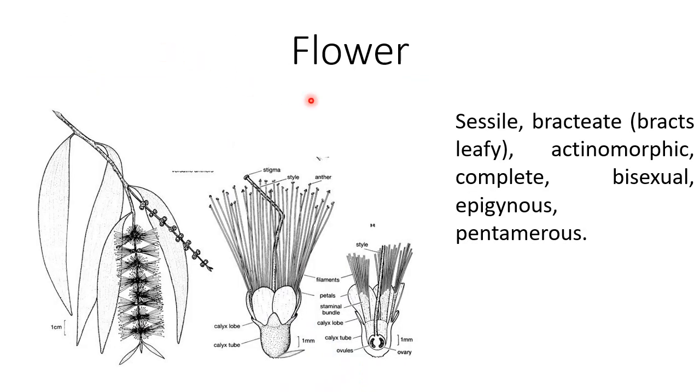Now we will understand the floral characteristics. Flowers are sessile. If you look here, there is absence of a stalk, that's why flowers are called sessile. Then they are bracteate. Here a bract is present, I think I'll draw so that you can understand the characteristics. The bract is present here, that's why it is called bracteate.